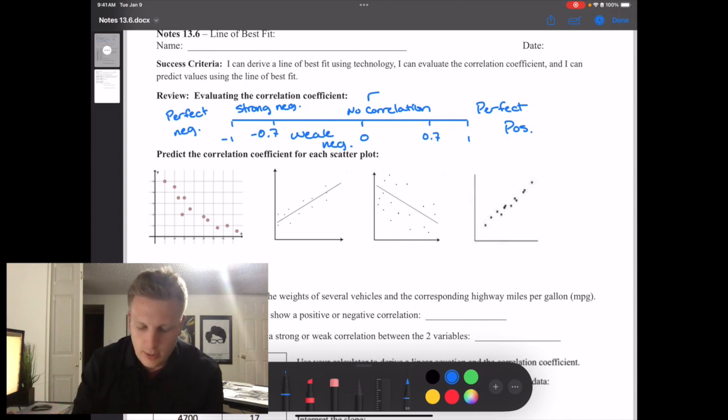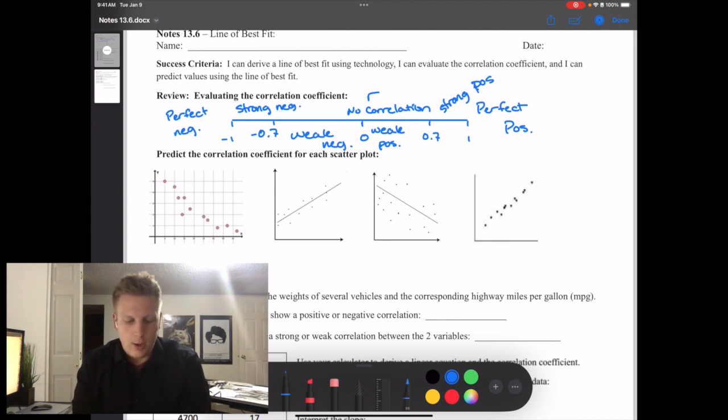It's just mirrored. So instead of negative, we have a weak positive. And then right over here, this is where we have our strong positive. And so that's a nice little recap of what our correlation coefficient meant.